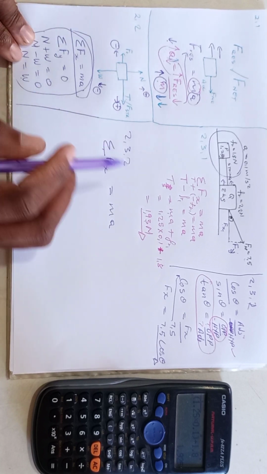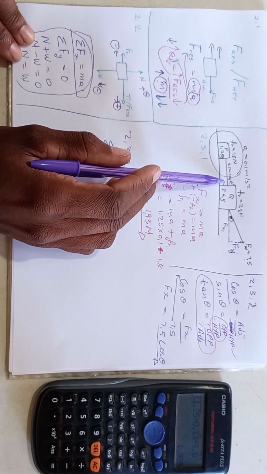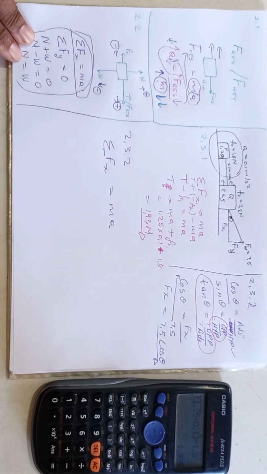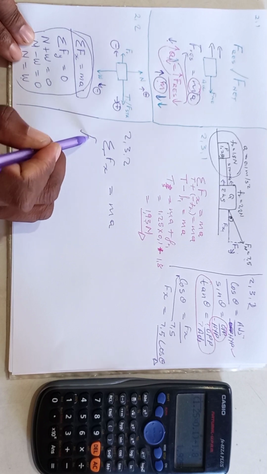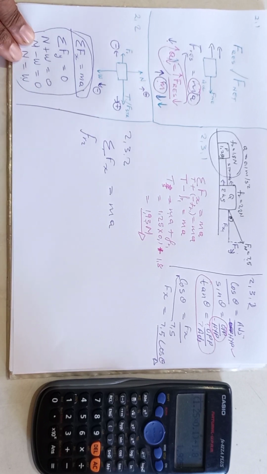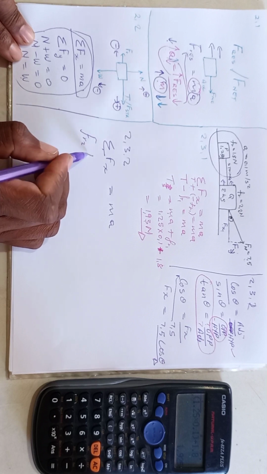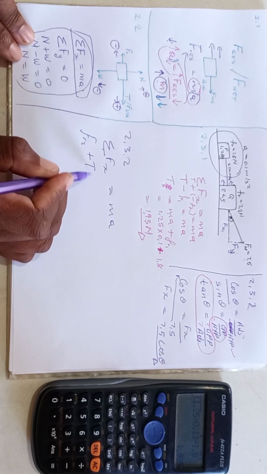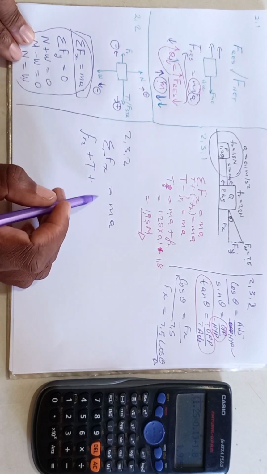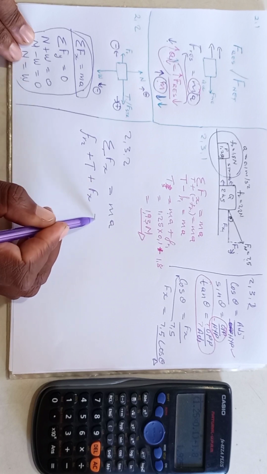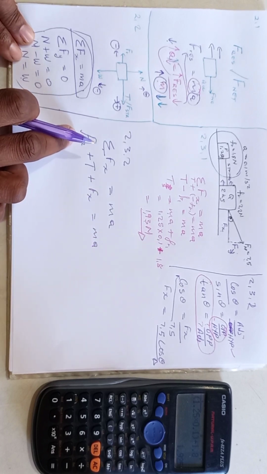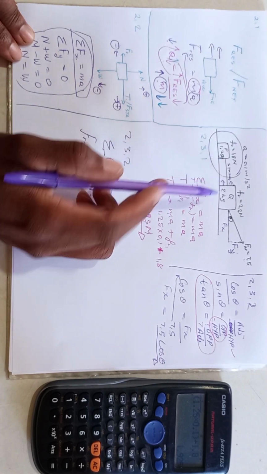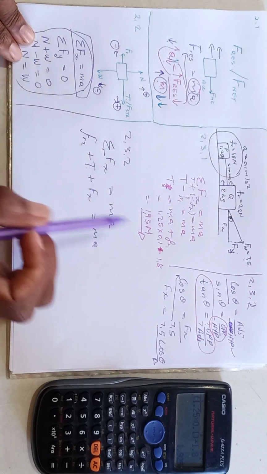Let us expand here, because we know we have this force and this force. So friction force number 2 plus the tension force plus Fx equals MA. Now this one is going in a negative direction, and this one in a negative direction.